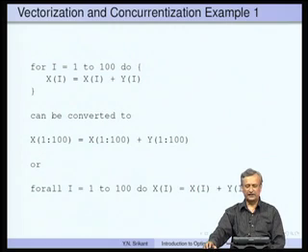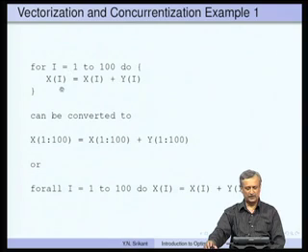Vectorization and concurrentization, this is another optimization which is possible. We are going to study this in some detail later on. Let us say we have a simple for loop, I equal to 1 to 100 do x I equal to x I plus y I. It is easy to see that for every value of I, the array elements which are accessed, that of x and y, are different.